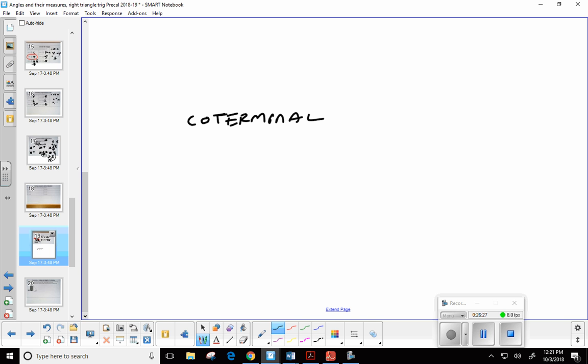So they have different measures, but the same terminal side. If I were to give you 30 degrees, and I ask you for one positive and one negative coterminal angle, what do you do? Add 360, and then subtract 360. So plus 360, minus 360, and you'll have your calculator to help you out.